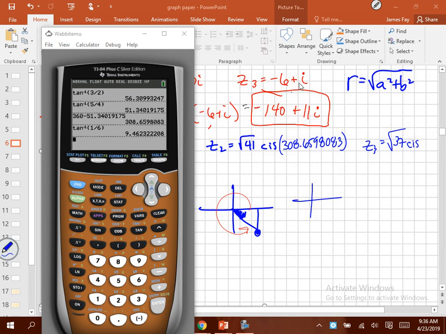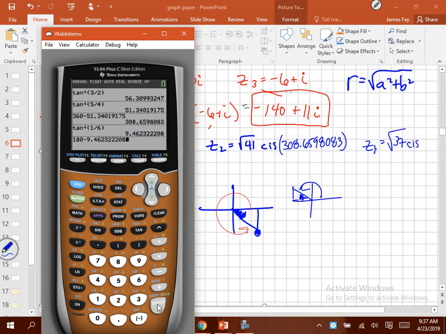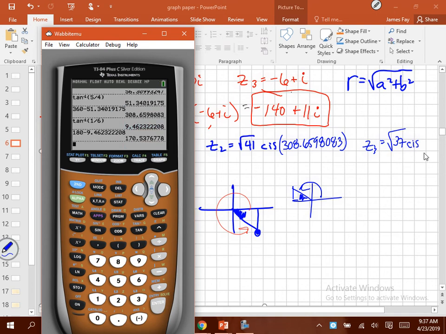What quadrant should that be in? Second quadrant. So the 9 degrees is that angle right there, right? How do I find that angle? 180 minus it. So you get 170.53767778.